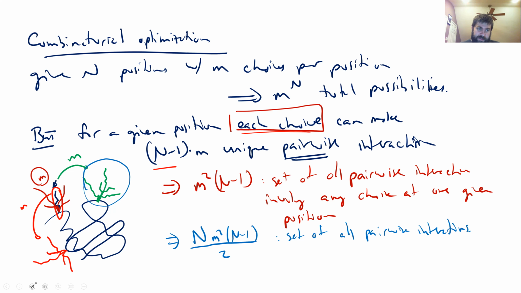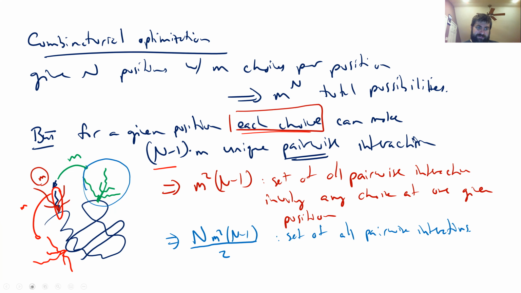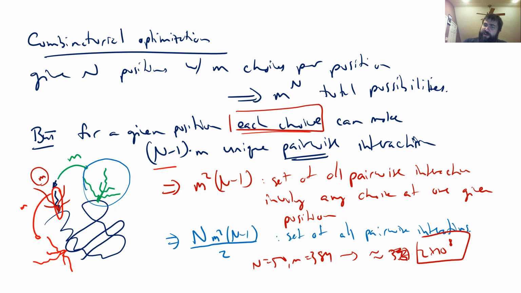Now, if we throw in the numbers for our small system, say n equals 50 and m equals 384, this actually gives us approximately 2 times 10 to the 8th pairwise interactions.